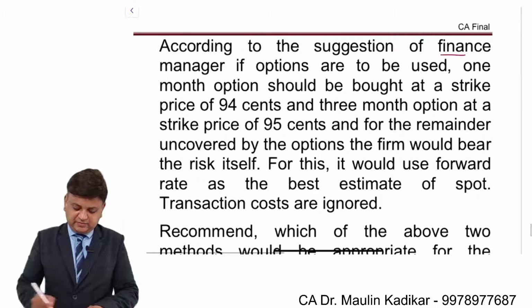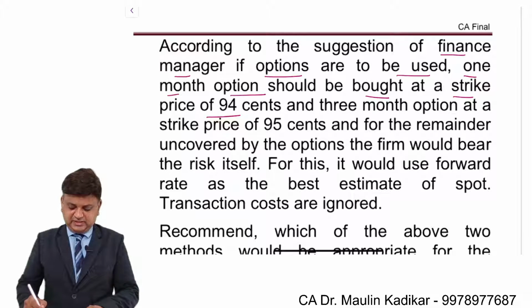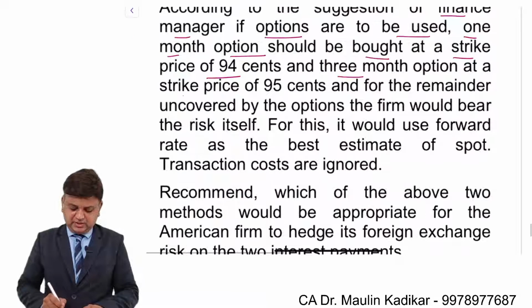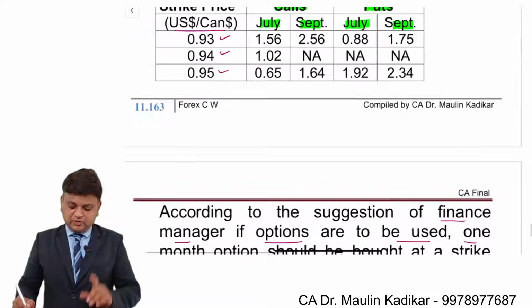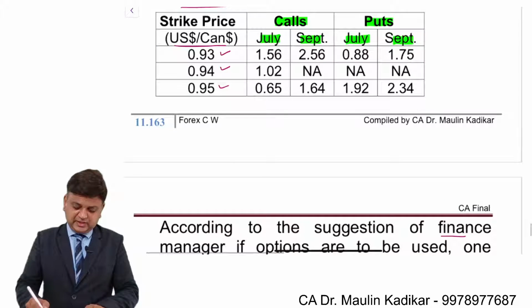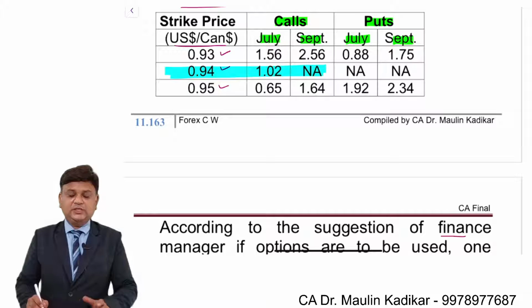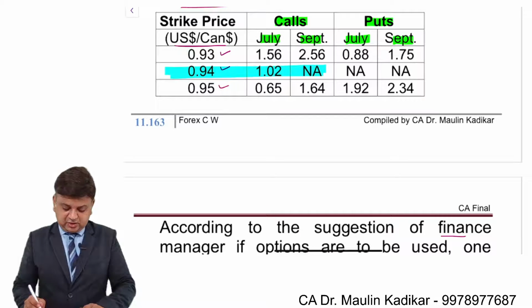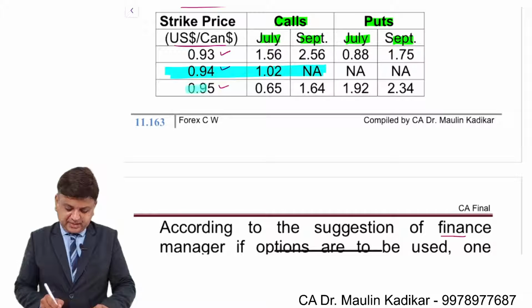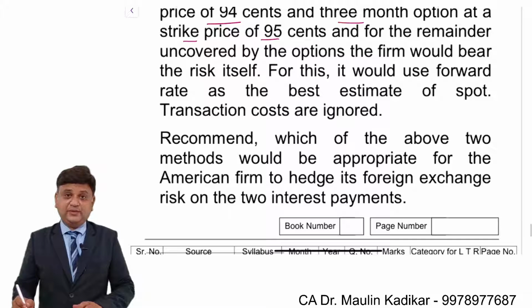According to the suggestion of the finance manager, if options are to be used, 1 month option should be bought at strike price of 94 cents and 3 months option at the strike price of 95 cents. So for 1 month we should enter into the transaction for $0.94 per Canadian dollar, and for 3 months it is $0.95 per Canadian dollar.